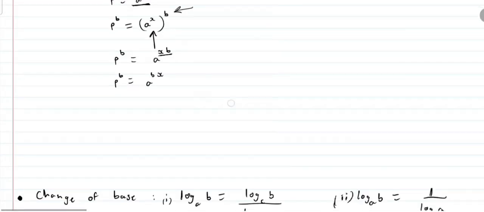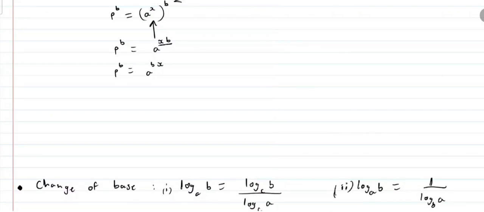All right. Now, let's convert to log form, where p raised to the power of b is one big argument, and b times x is one big index. So log base a of p to the power of b is equal to b times x.